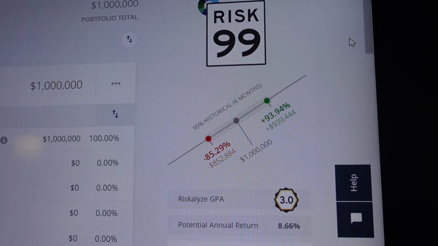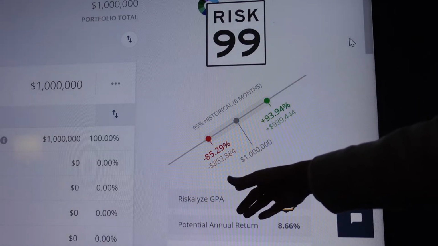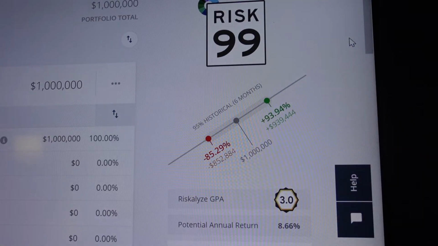Your portfolio could be down as much as 85%, or it could be up as much as 94%. I like being up 94%, but I really don't like being down 85%. So let's put that in dollar terms. If you have $1 million and you're down 85% over the next 6 months, that's $852,000.